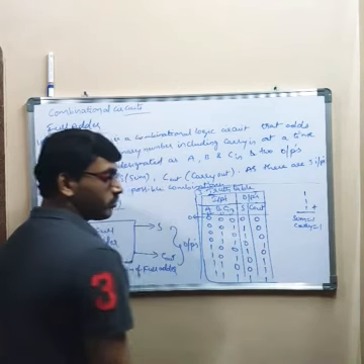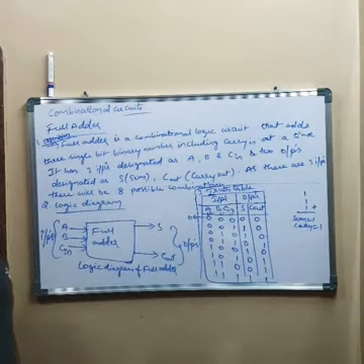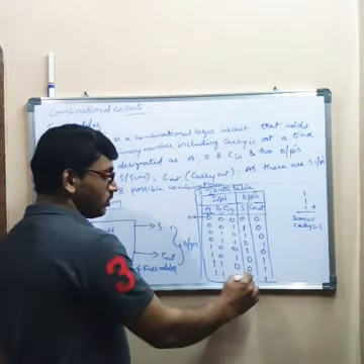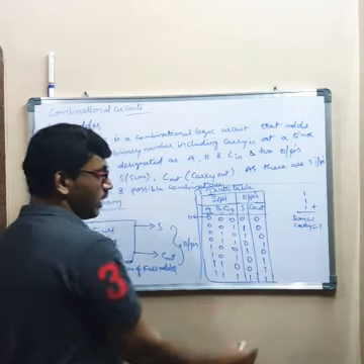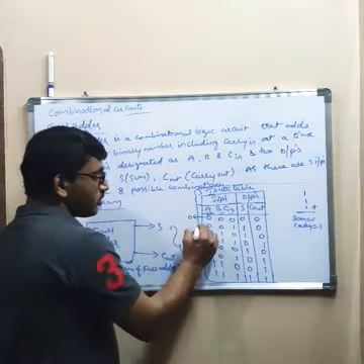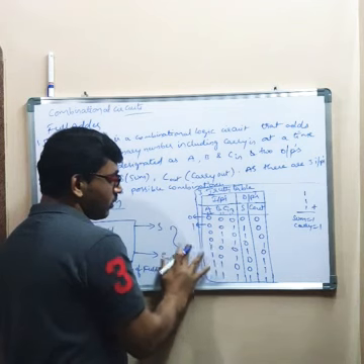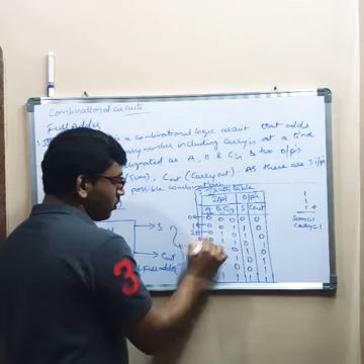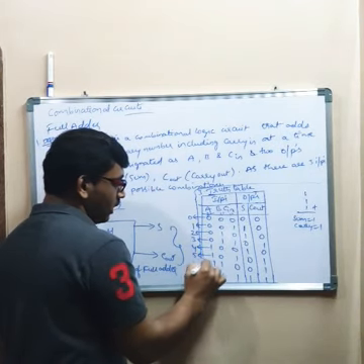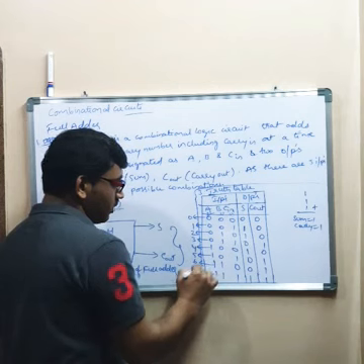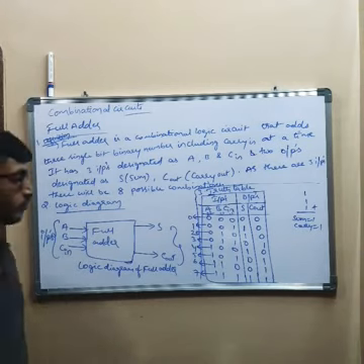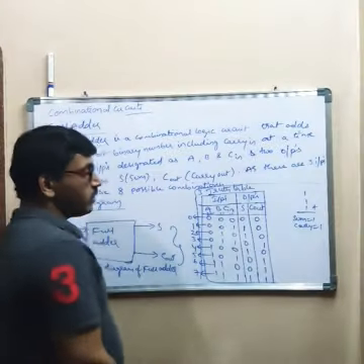So for the combination 1, 1, 1, sum is 1 and carry is 1. Decimal values are 0 through 7. So this is the truth table.